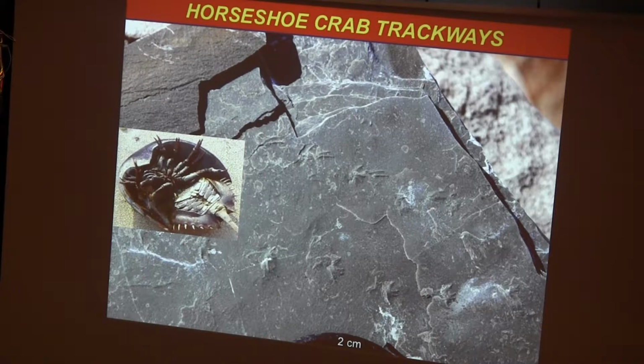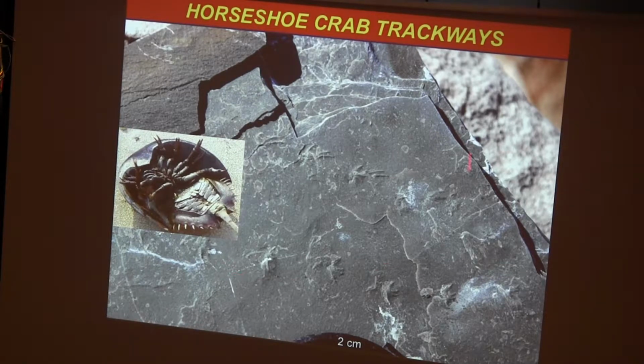All right? So let's put it in perspective. 75 degrees, 70 degrees south latitude, pretty much where it is now, that part of Antarctica. Rivers and forests and lakes with freshwater horseshoe crabs. In rivers and in lakes.